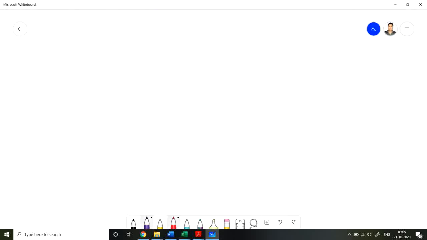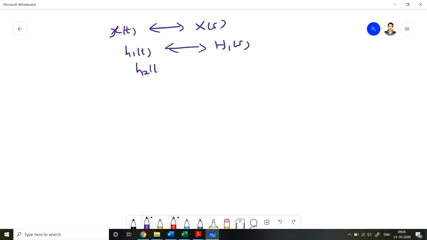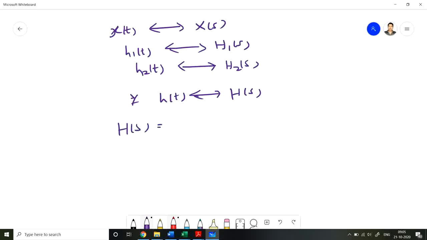Let us take the Laplace transform. The Laplace transform of x(t) is X(s), of h1(t) is H1(s), and of h2(t) is H2(s). The Laplace transform of the overall impulse response h(t) is H(s), and H(s) is equal to H1(s) multiplied by H2(s).